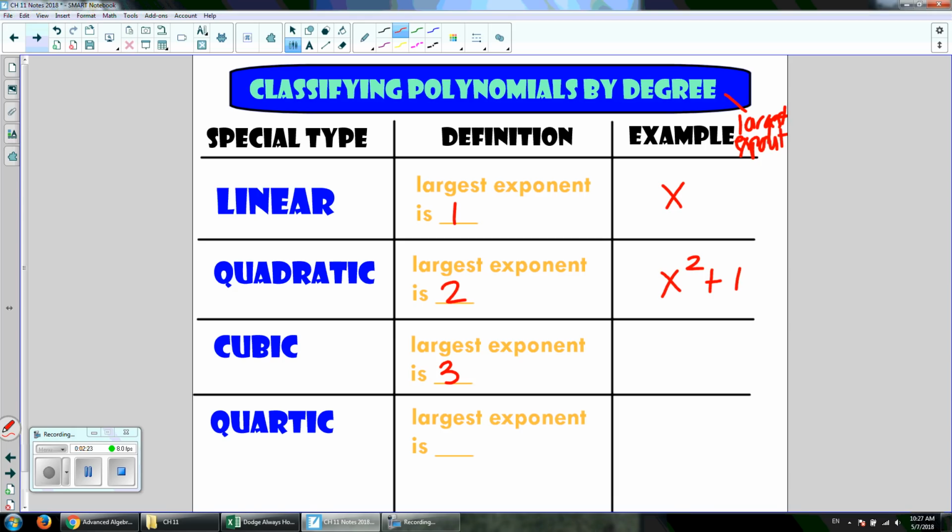Cubic, largest exponent is 3, so I could have x to the third plus x squared if I wanted, where the largest exponent is a 3. And quartic is a 4, so that could be like x to the fourth plus x. Largest exponent is a 4. So when we're talking about degree, linear, quadratic, cubic, quartic, we're talking about the largest exponent.